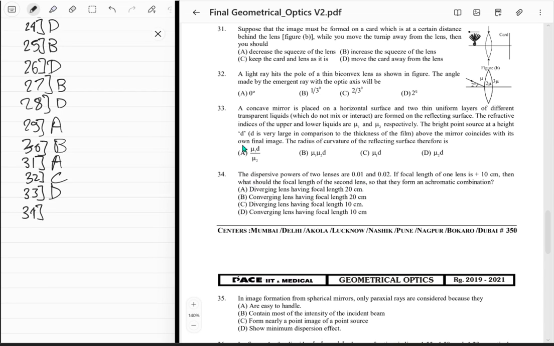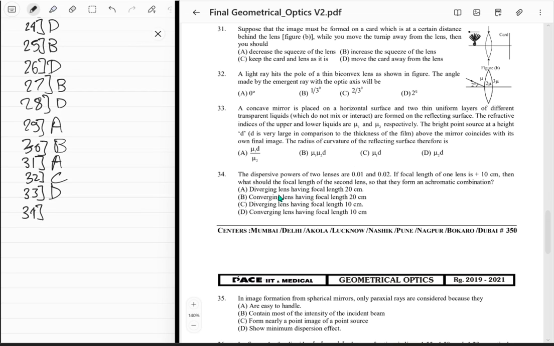Oh, and because it was actually like h upon f was the angular dispersion and stuff, right? No, h upon f was the deviation, I guess. So h upon f red and then f yellow, something like that. So that will give us the angular dispersion.